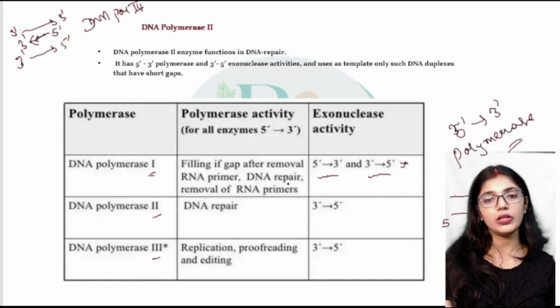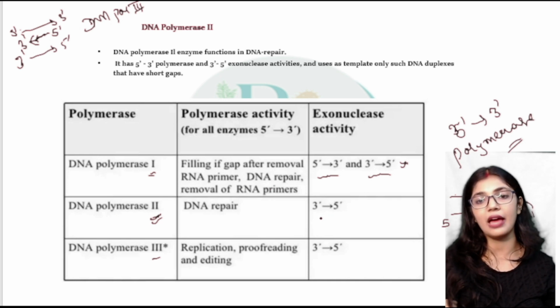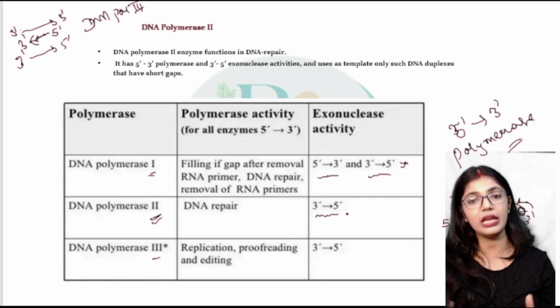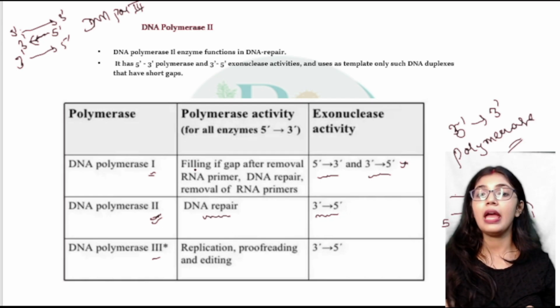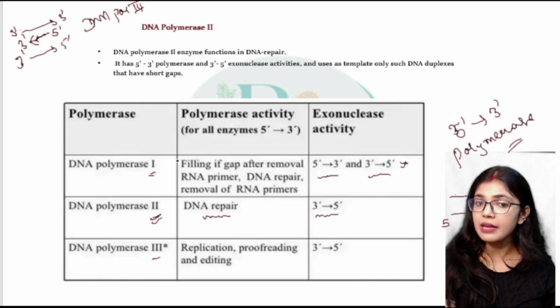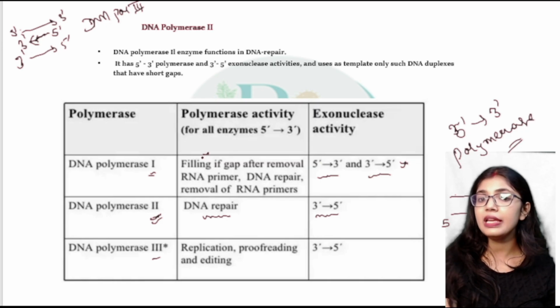So what is the function of DNA polymerase 2? The main function of this DNA polymerase 2 is that it has 3' to 5' exonuclease activity, which is mainly involved in the repair mechanism. And DNA polymerase 1 is also responsible for filling the gap after removal of the RNA primer.